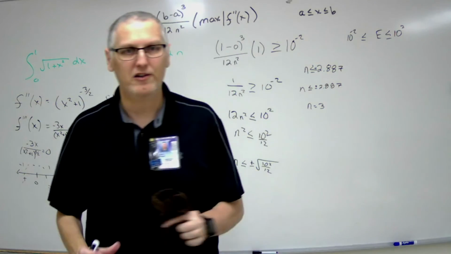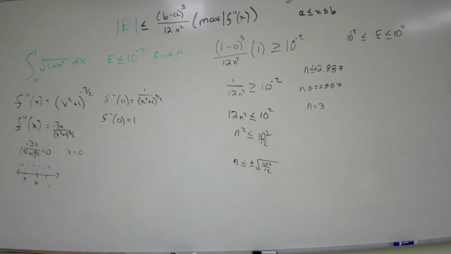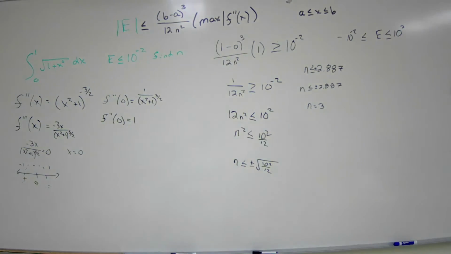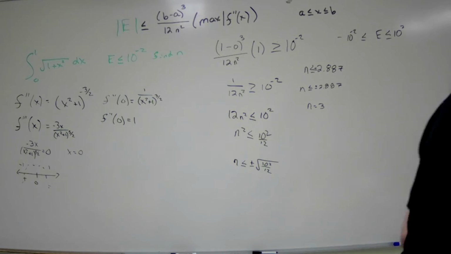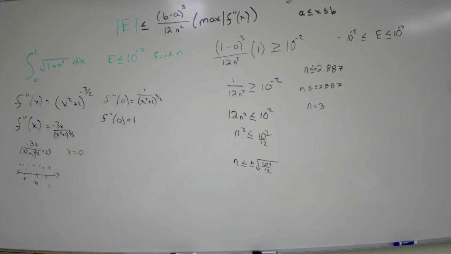I have that on my top line, right? Right here. Negative, positive. That's what it is. I had to do the absolute value. And that's why I flipped it. Because my E has to be less than. I chose to do the positive one.